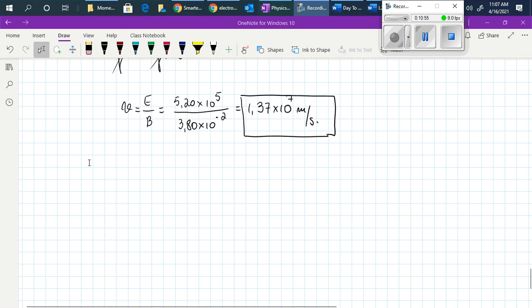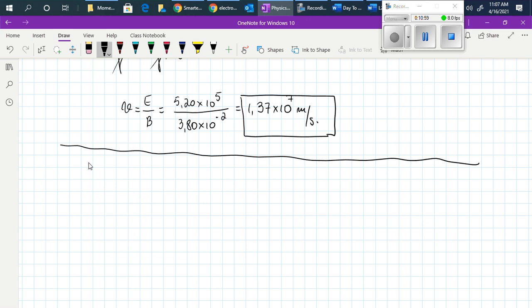Let's see now another example. Let's suppose that we have an ion that is traveling with a speed of 3.50 times 10 to the power of 7 meters per second, and it is traveling through a velocity selector.